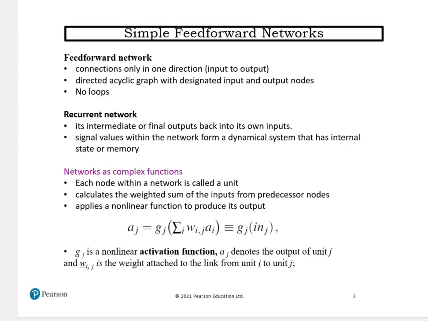Then we're going to cover what's called convolutional neural networks, which are very important for vision applications, which of course are essential for computer vision problems like self-driving cars and adding captions to images and so on.